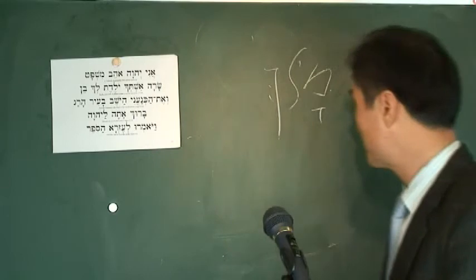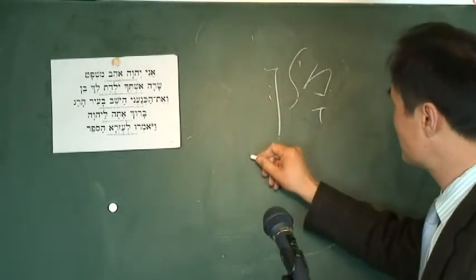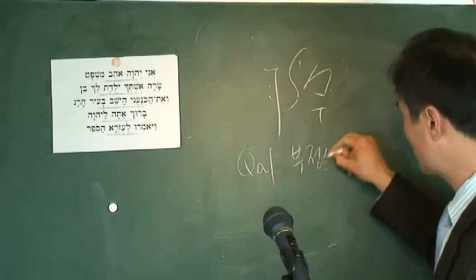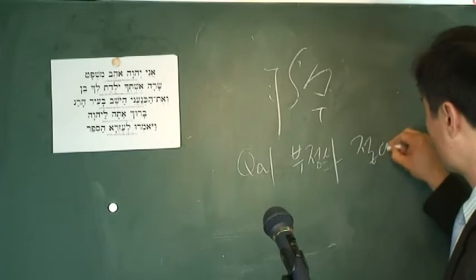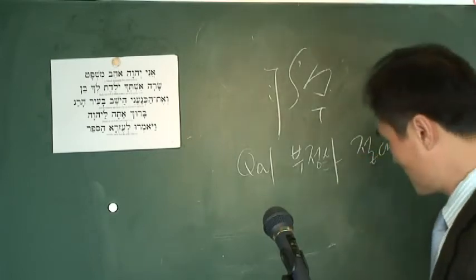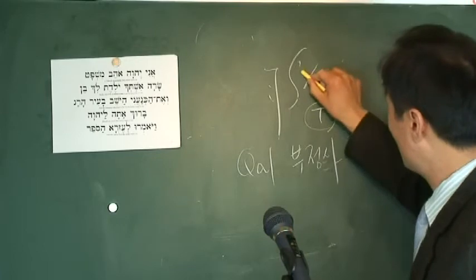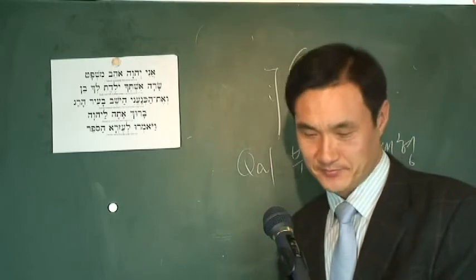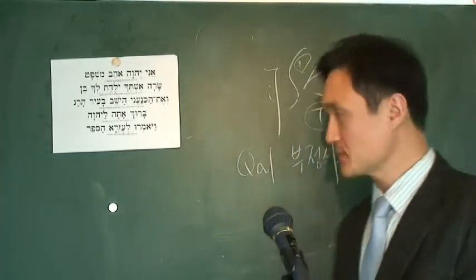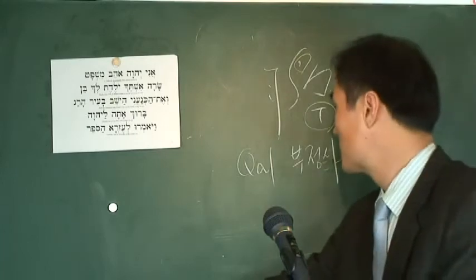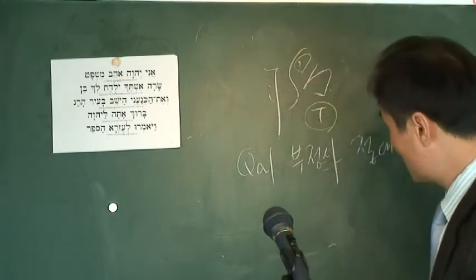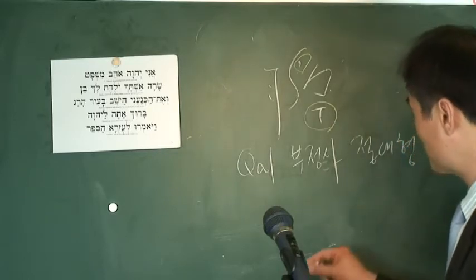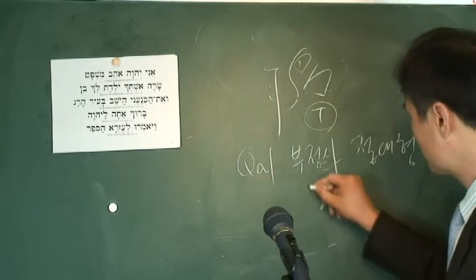The Kal infinitive absolute state of the verb malak is malok. Here we will see one model that is made up of a and o. The construct state of the infinitive is melok.